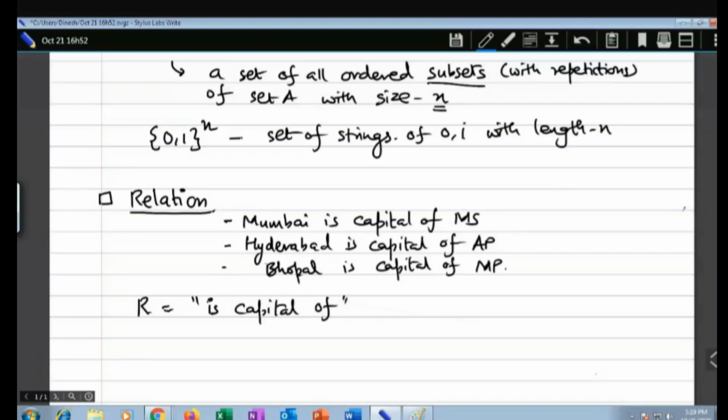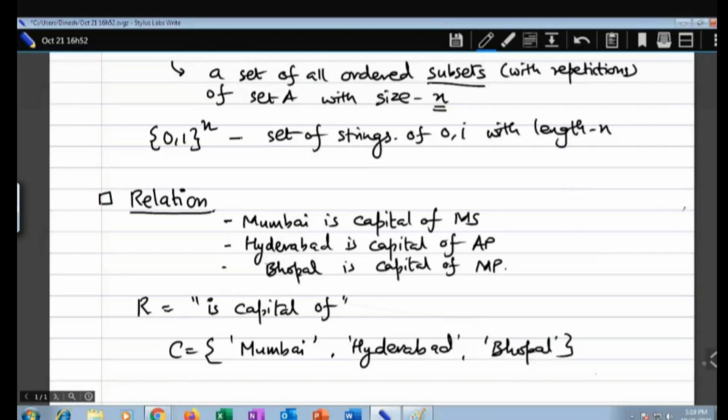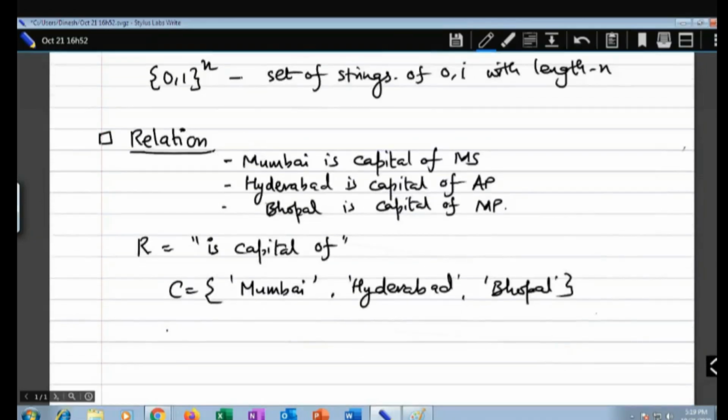So you can have one set, let's say C, where you will have Mumbai, then Hyderabad, and Bhopal. And there is another set, let's say the states S, where you have Maharashtra, then MP, and then Andhra Pradesh.